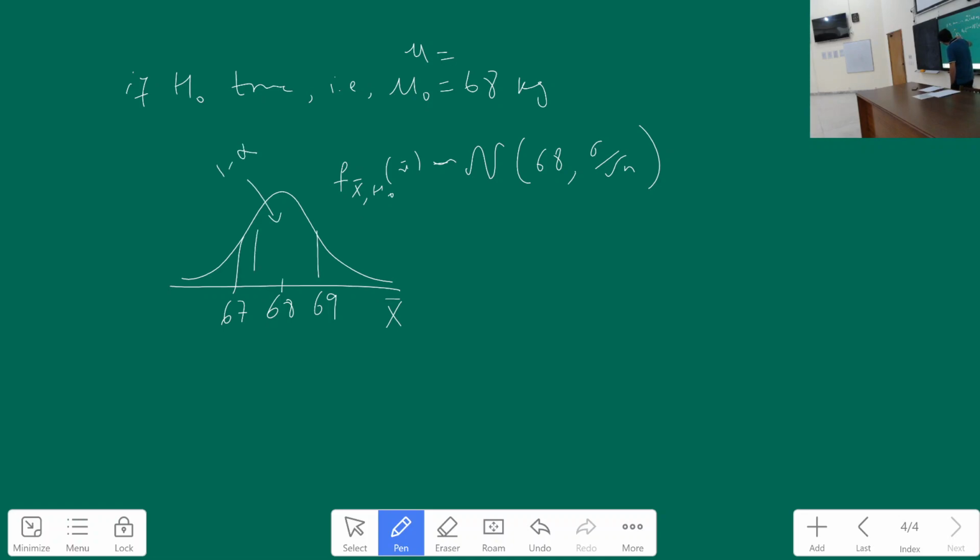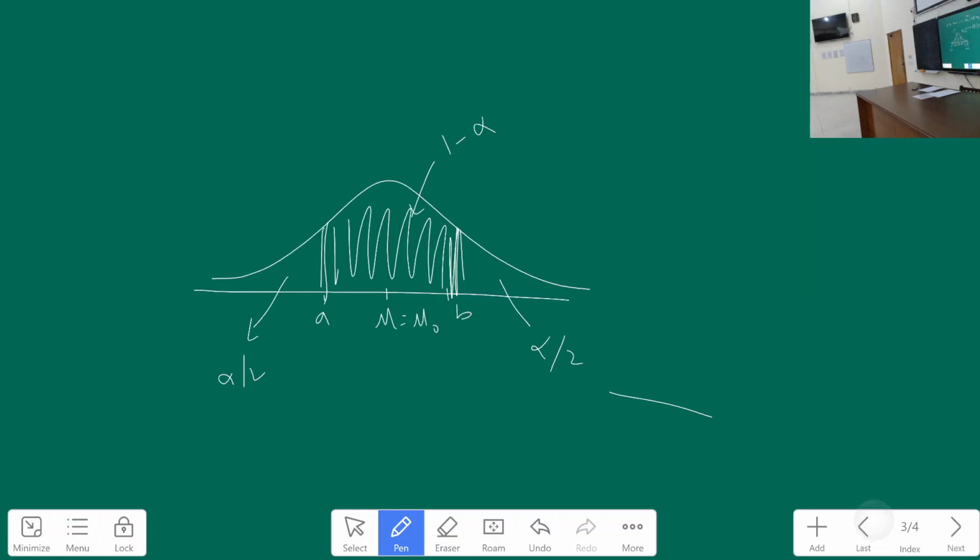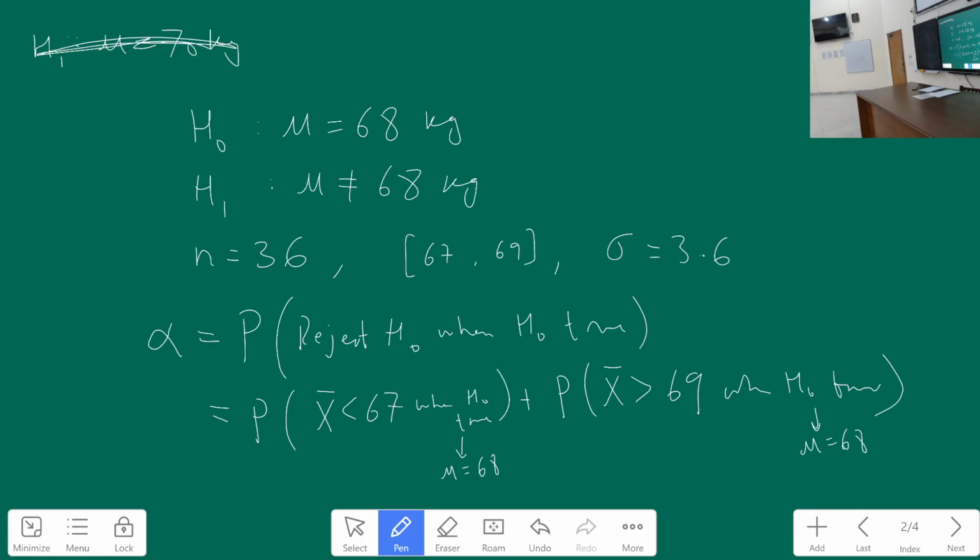You want this area to be 1 minus alpha because you want these areas to be alpha by 2 and alpha by 2. That is what is happening here. Total alpha, it is symmetric, so this part is alpha by 2 plus alpha by 2 makes alpha, right? The total probability of type 1 error.